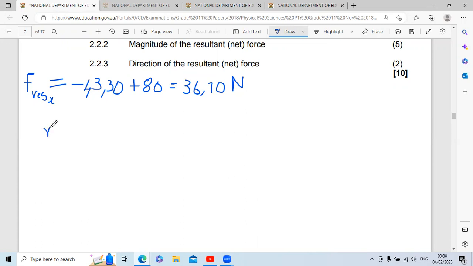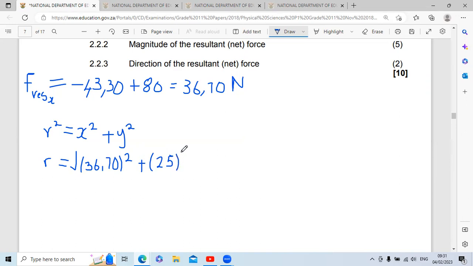So we're going to have r squared is equal to x squared plus y squared. Just quickly calculate the answer.